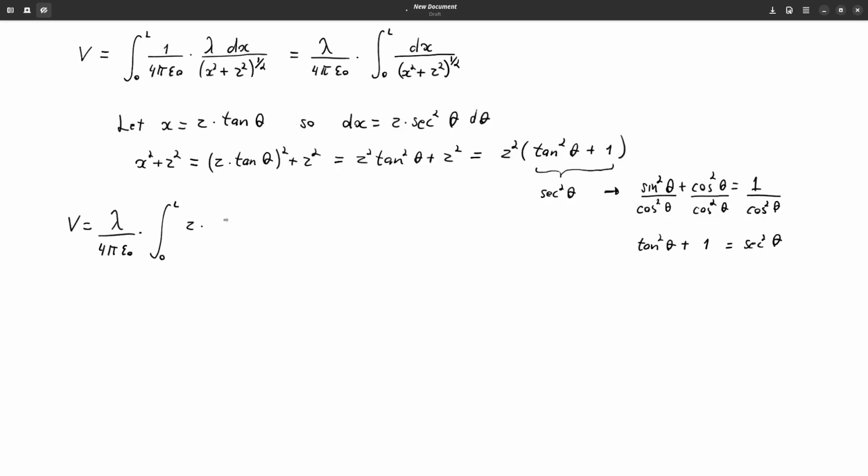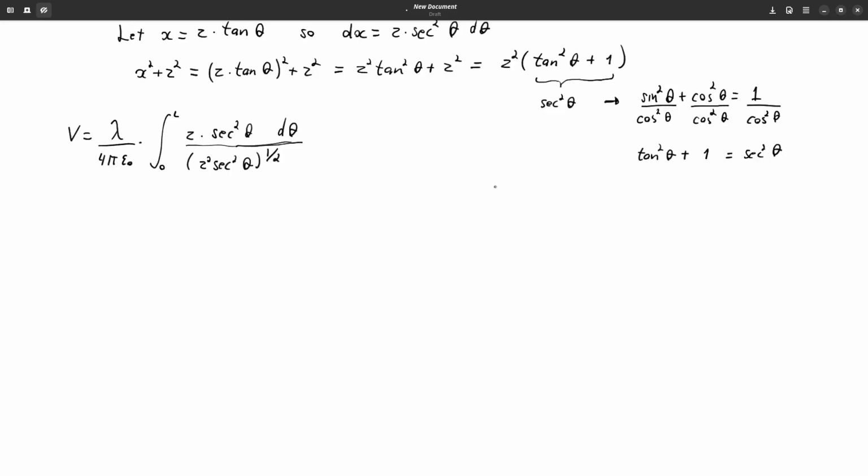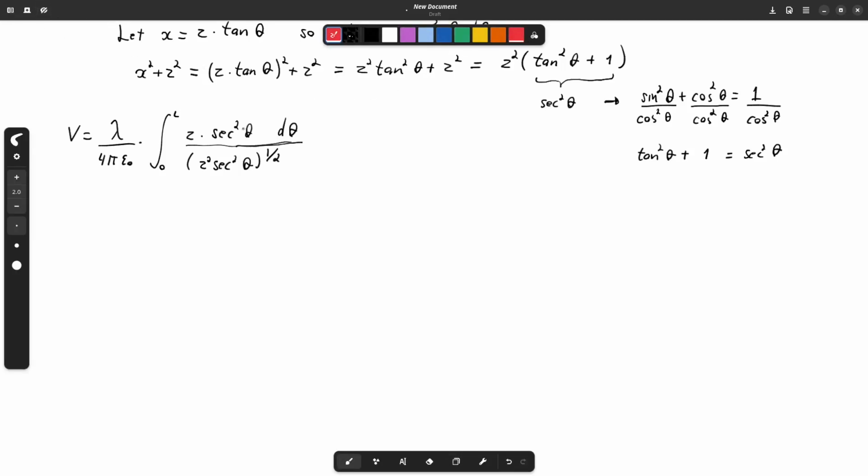Now we substitute these values in our integral, that is, dx on the top. The exponents in the denominator cancel out beautifully.